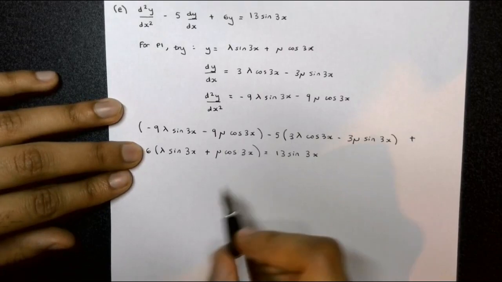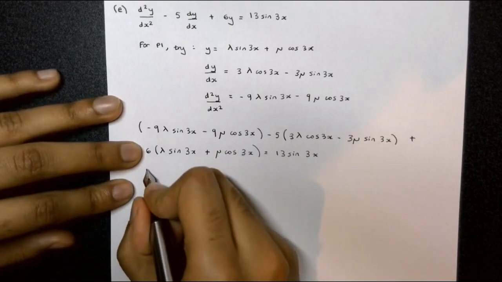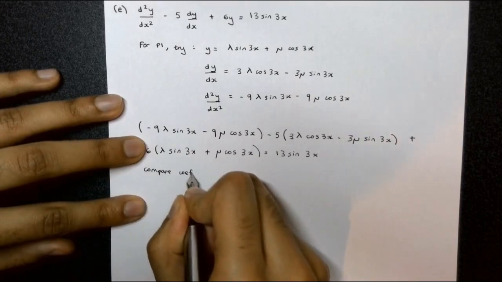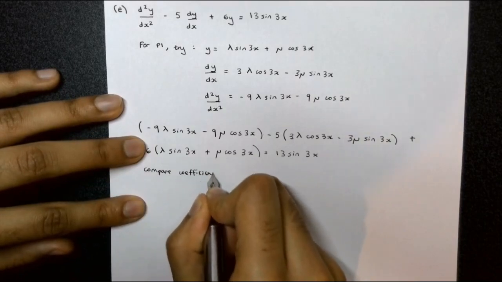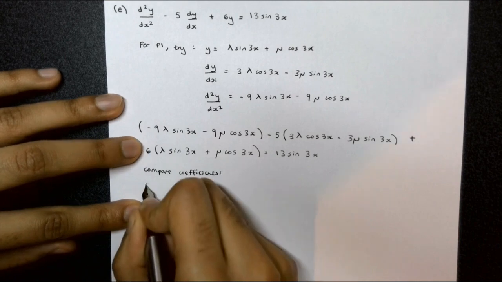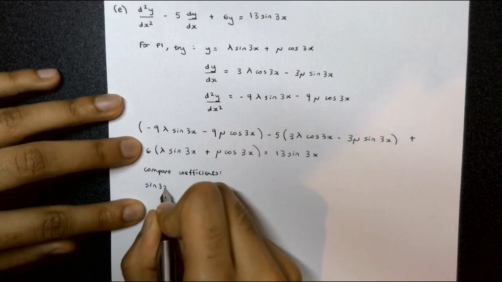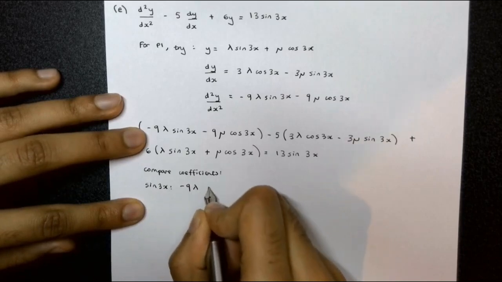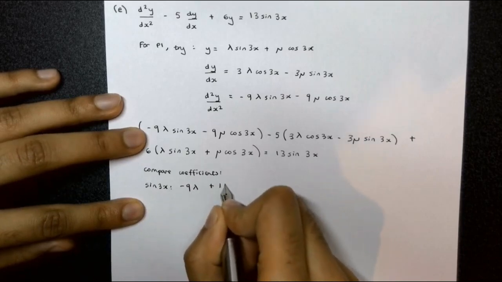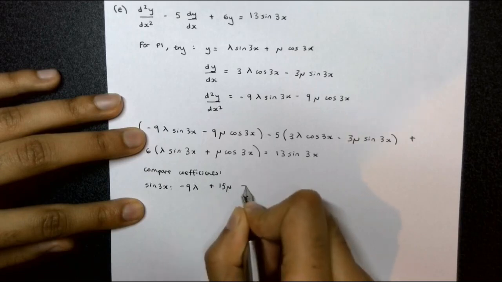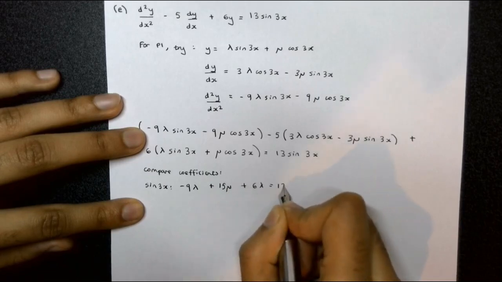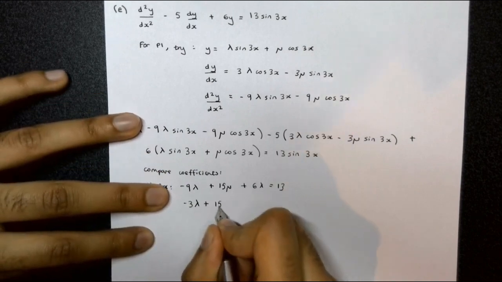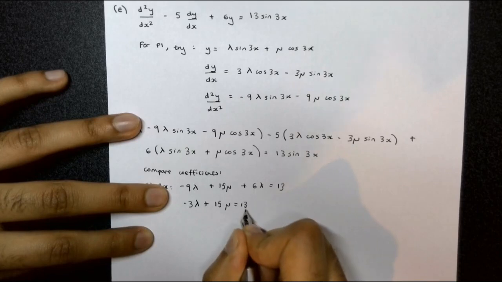So here, if we compare coefficients, comparing the sine 3x terms, we've got minus 9 lambda plus 15 mu plus 6 lambda equals 13. So we've got minus 3 lambda plus 15 mu equals 13.